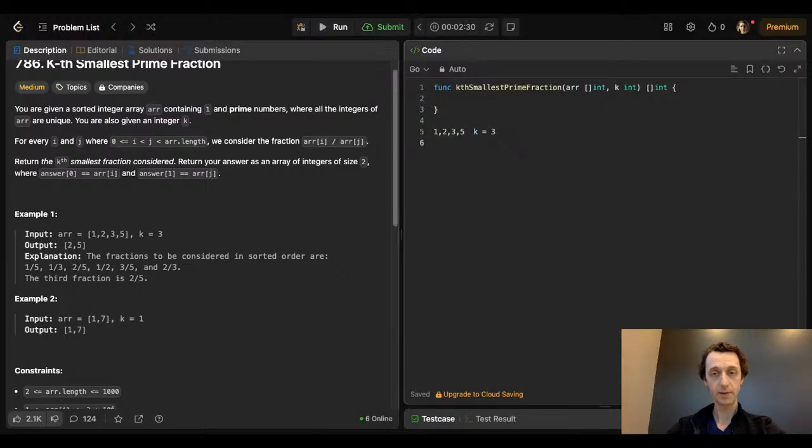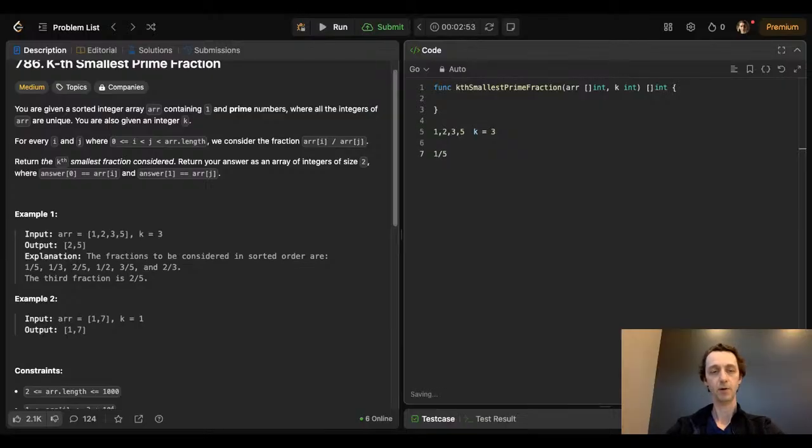Basically, the fractions to be considered in sorted order are any i, any j, like 1 divided by 5.